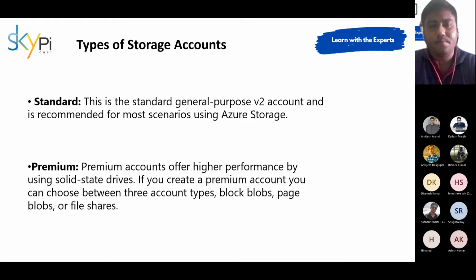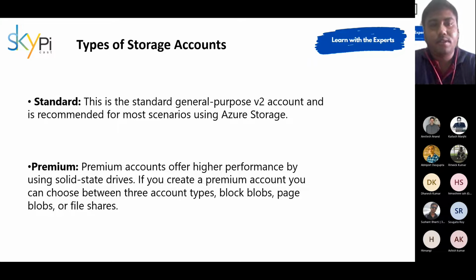With solid state drives, the throughput and performance will be much higher than standard, as will be the cost. So while creating a storage account to store our data, we have a choice of which type of storage account we want to create.